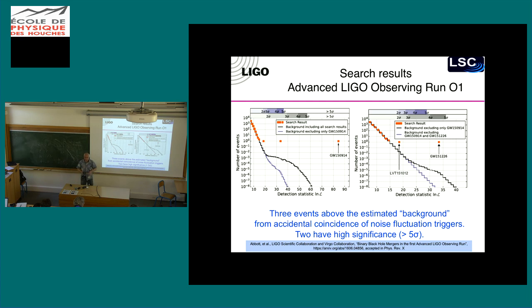And that local measure, we have a threshold on that. If a false alarm rate is 1 false alarm per century, fantastic. 1 false alarm per day, no good. 1 false alarm per month, I'm going to tell the astronomers about this.